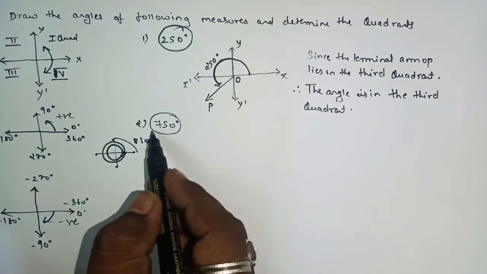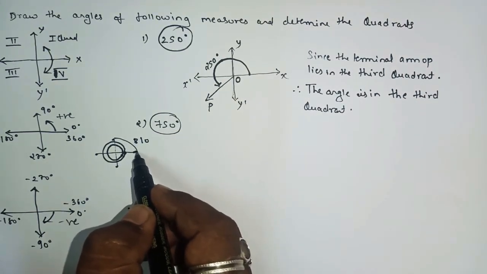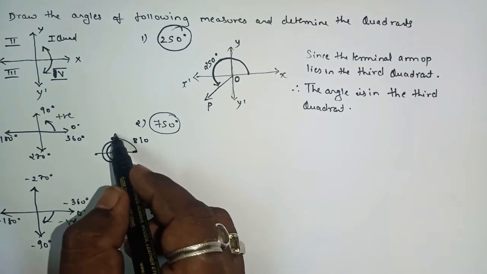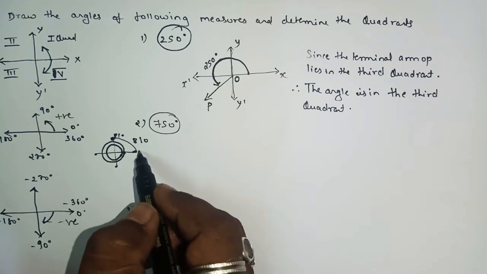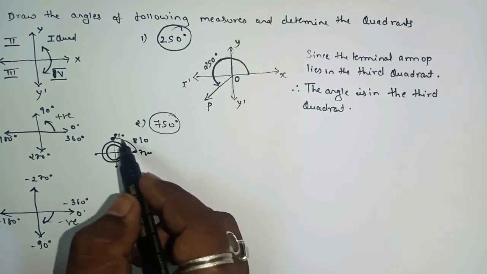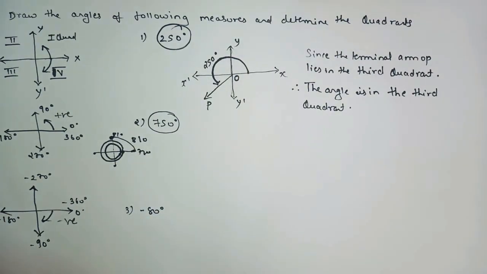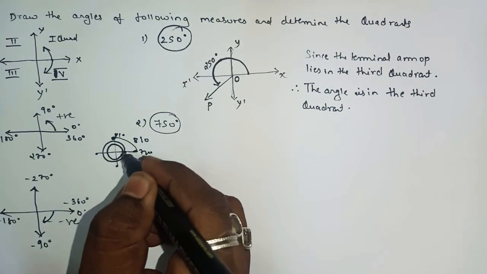So 750 lies in the first quadrant after two rotations.